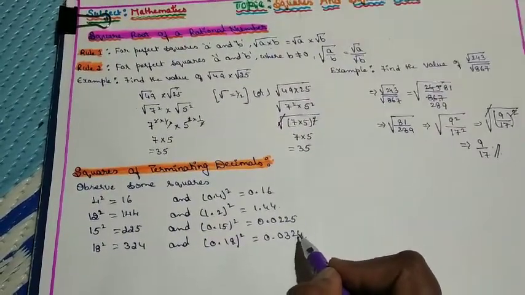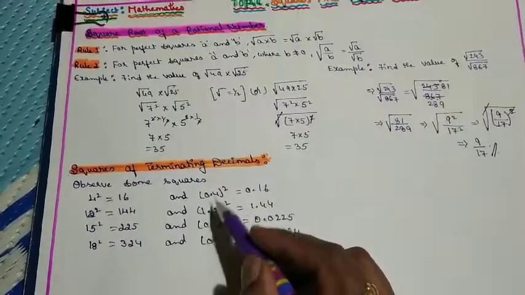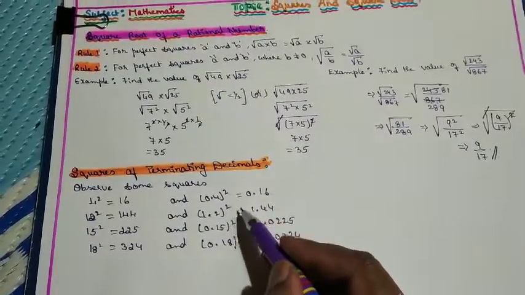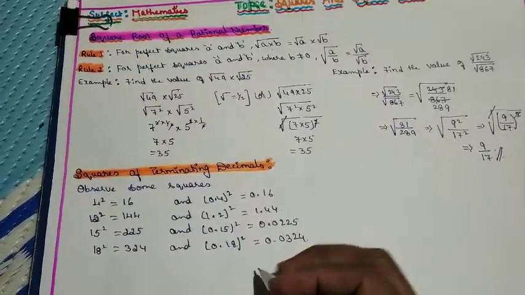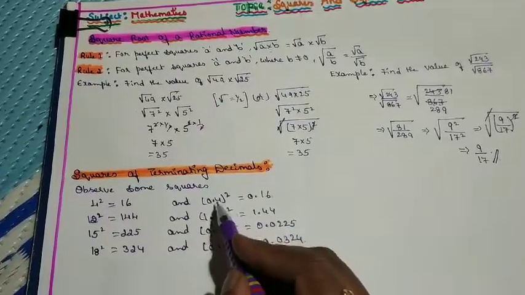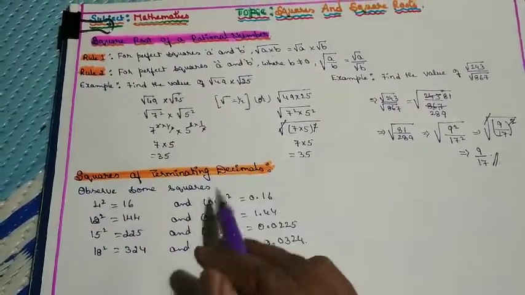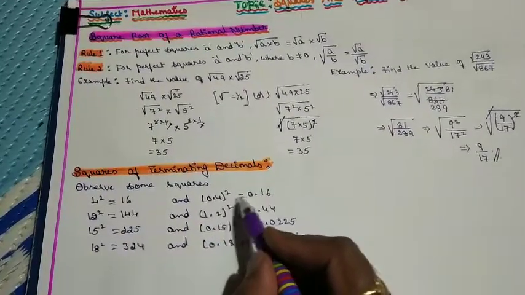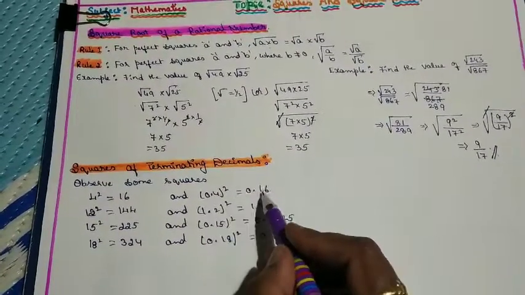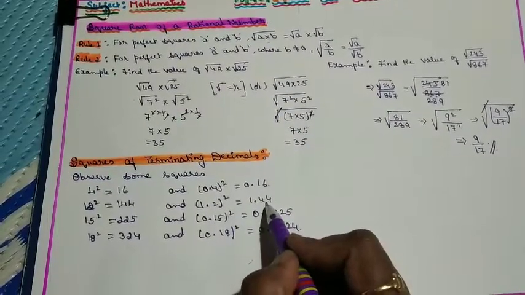So by observing all this, we can see that squares of decimals consist of twice as many decimal places as given in the number. You can see one decimal place, after the point you have one decimal. Its square becomes 0.16, so one decimal place changes into 2 decimal places.